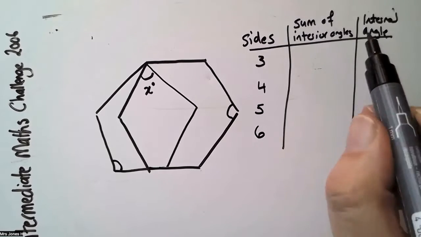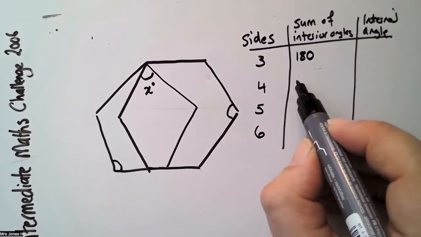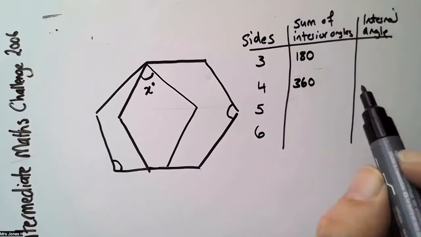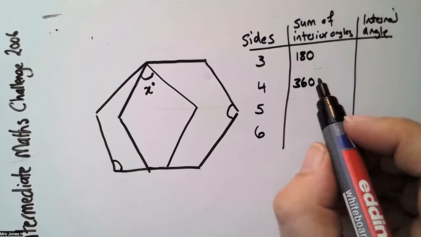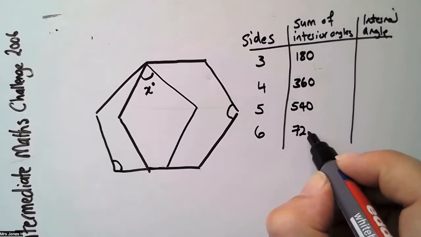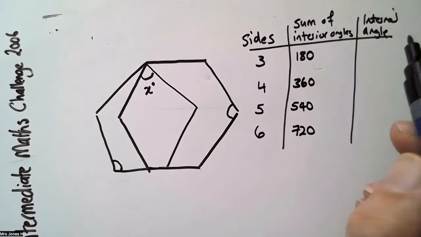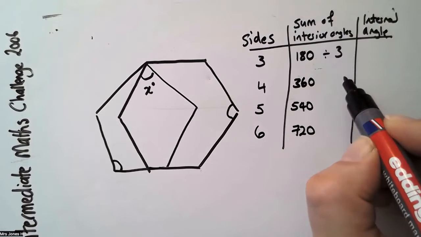So the sum of the interior angles is 180, and they count up by 180 each time. And then to find out what one internal angle is, we divide it by the number of sides.